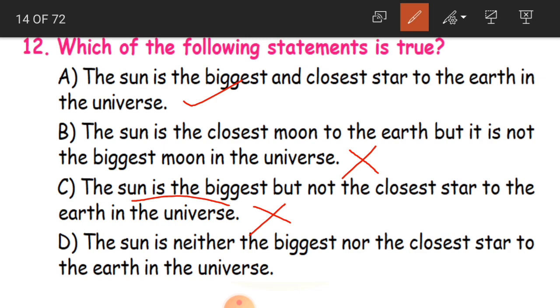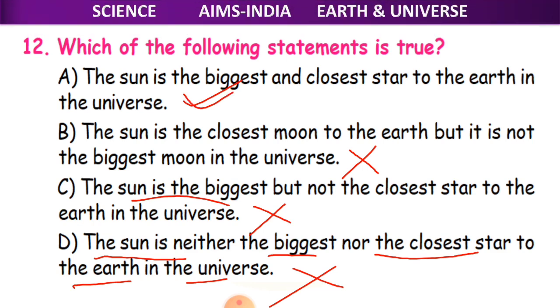When you count the planets, first is Mercury, second is Venus, and earth is in the third place. So the distance is near only to the sun. The D option, the sun is neither the biggest nor the closest star to the earth in the universe. This is also wrong, children. The first statement is correct. A option is the right answer.